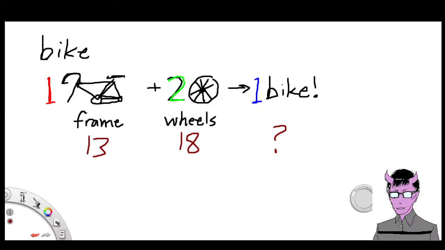Yeah, 18. Given that you have 13 frames and 18 wheels, how many bikes can you assemble? We're going to use the passive voice. How many bikes can be assembled? For reasons, right?